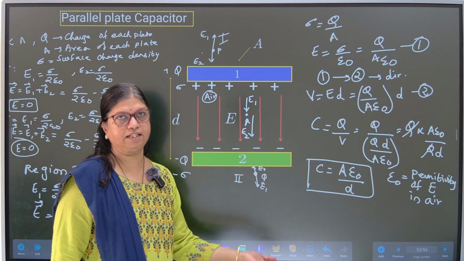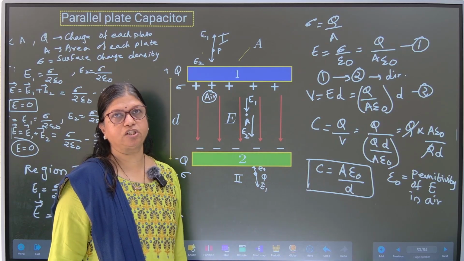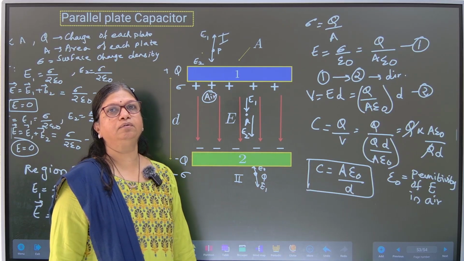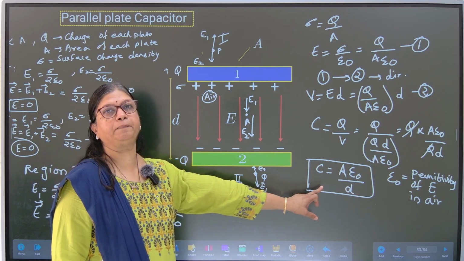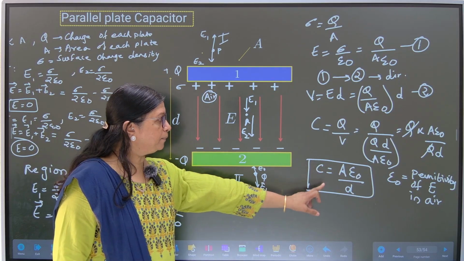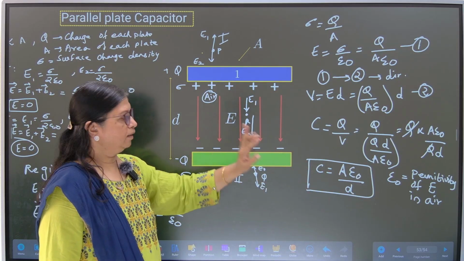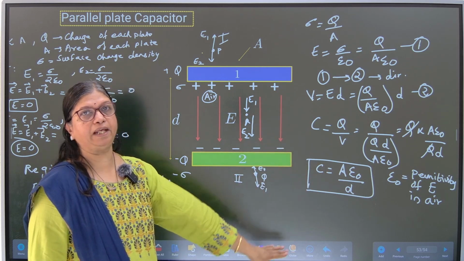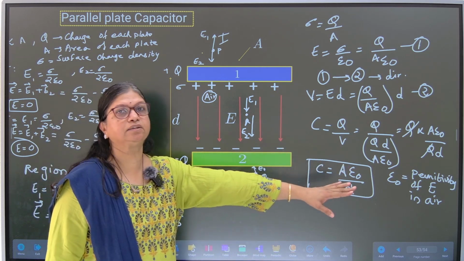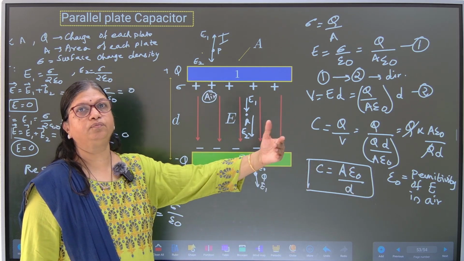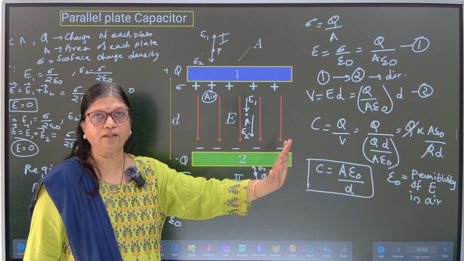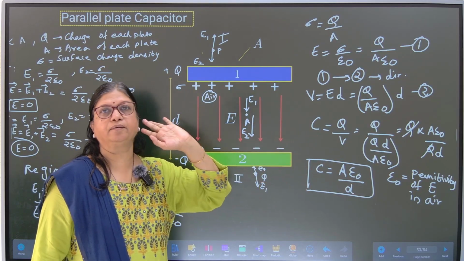We will see that in the next video, and this value will change. So as of now, remember the capacitance C depends on the area of the plate and the distance between the plates. Epsilon naught is a constant whose value we know from chapter number 1.